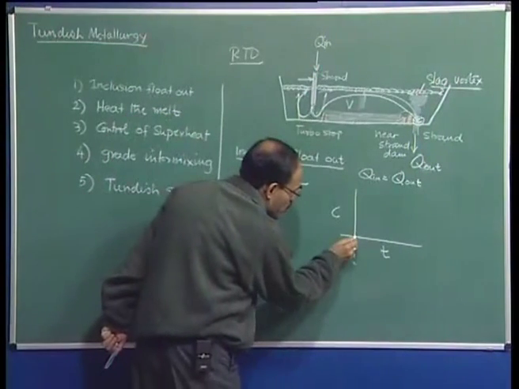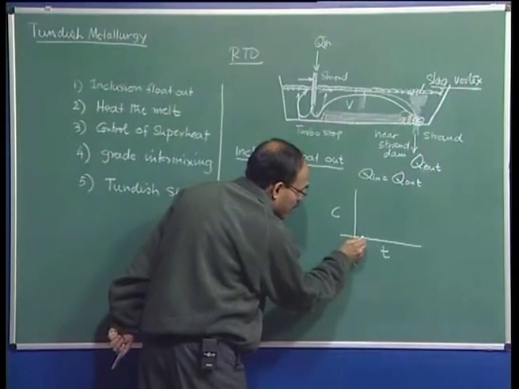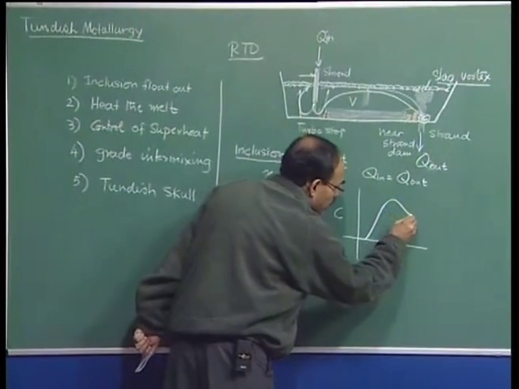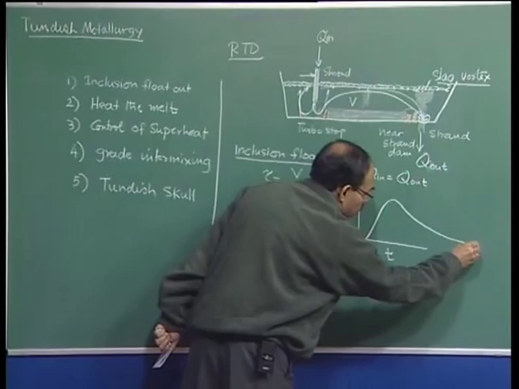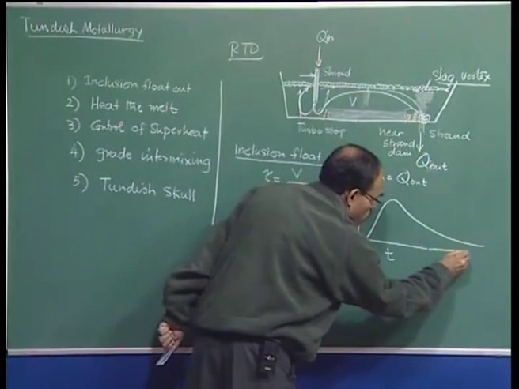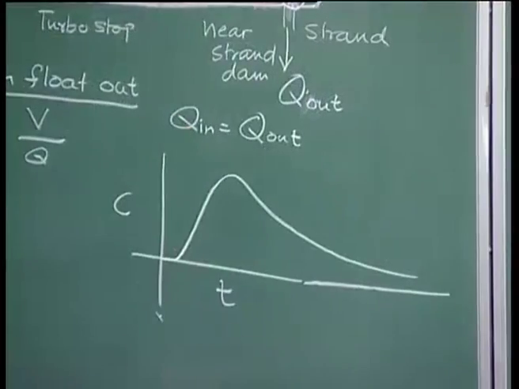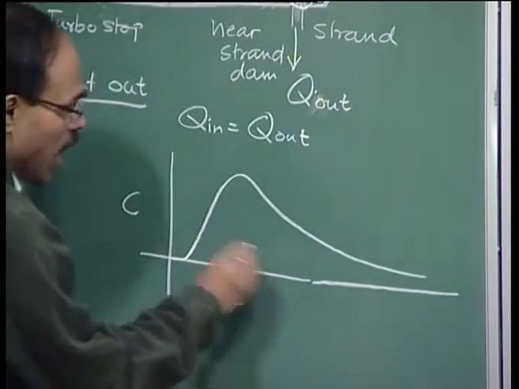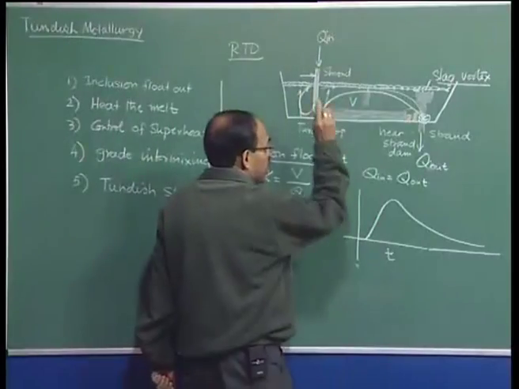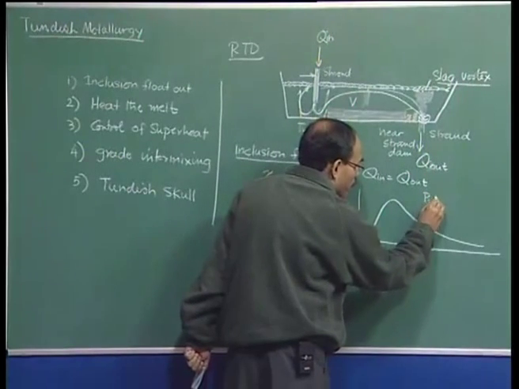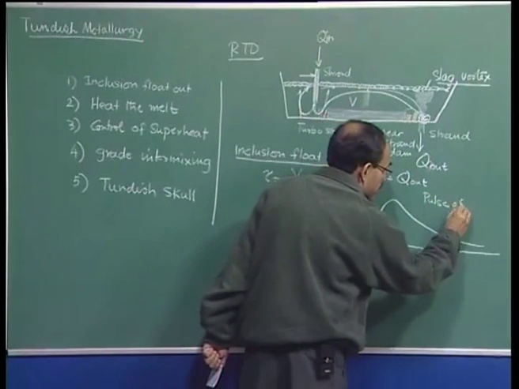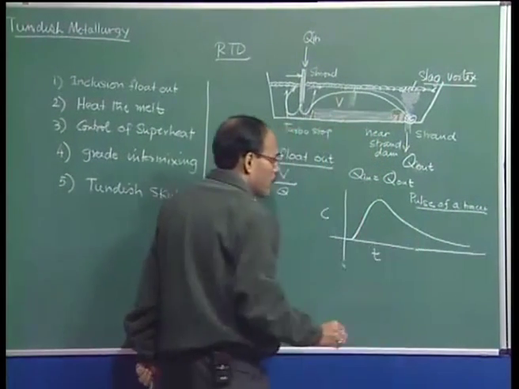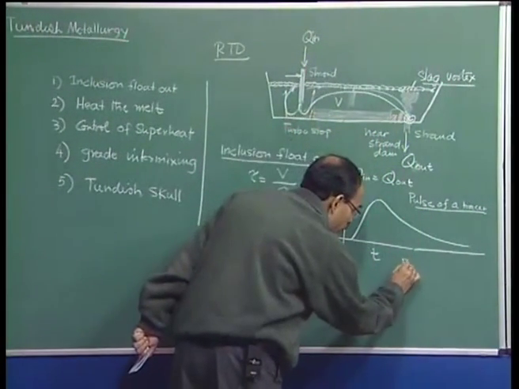So, concentration remains constant for some time, and then the concentration of the particle increases and then eventually decreases in an asymptotic fashion. So, this curve that we have obtained by injecting a pulse of a tracer into the system is termed the residence time distribution.